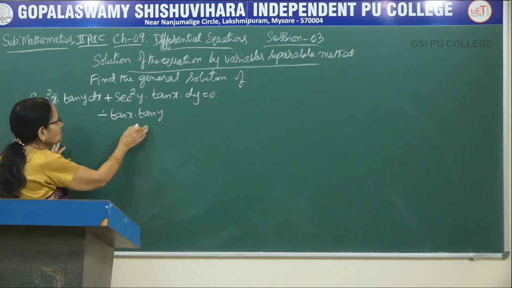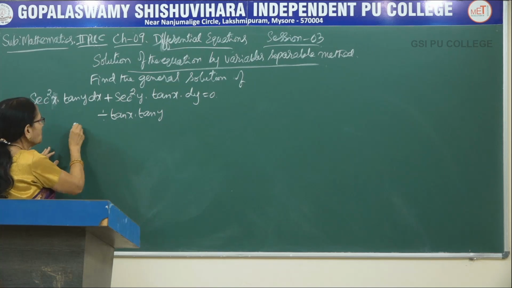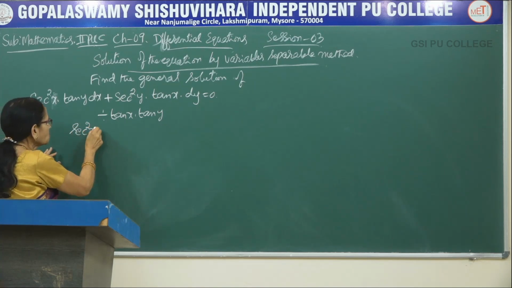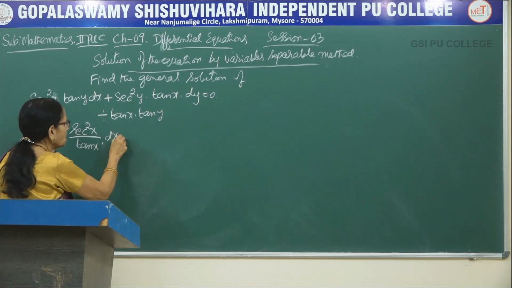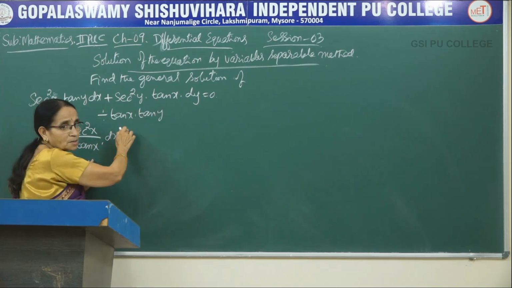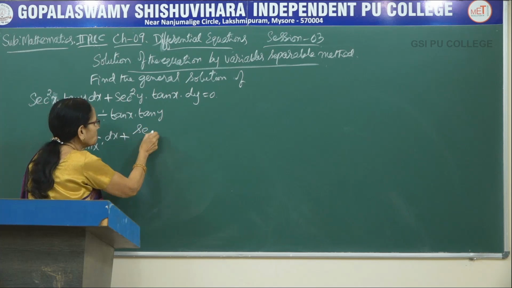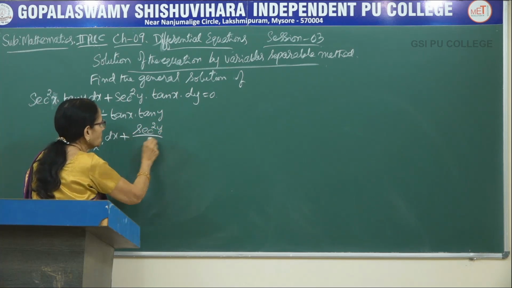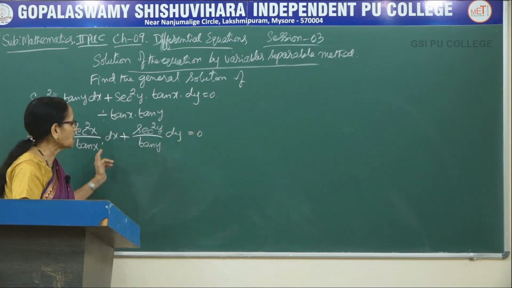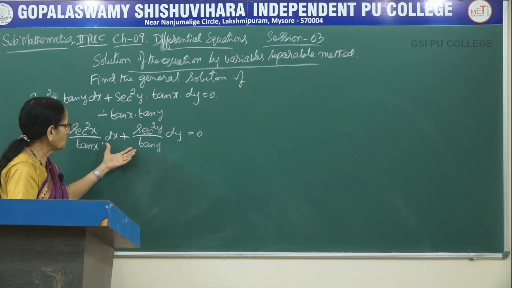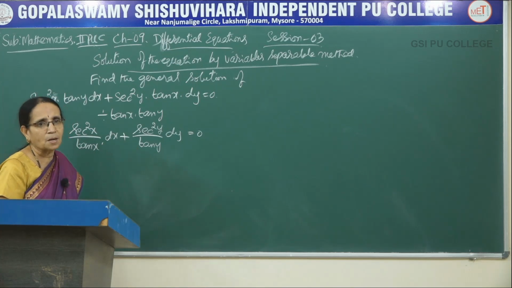Here tan y is cancelled, tan x is remaining. That is secant square x divided by tan x into dx. Similarly, tan x is cancelled and we will be left with secant square y divided by tan y into dy, that would be equal to 0. Clearly you can see that both x and y have been separated here.